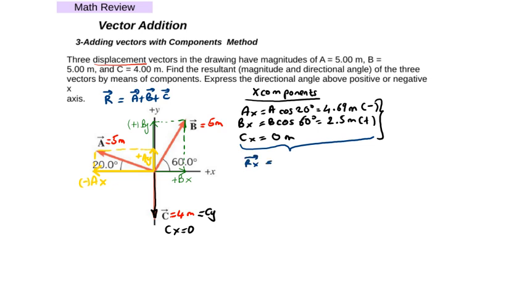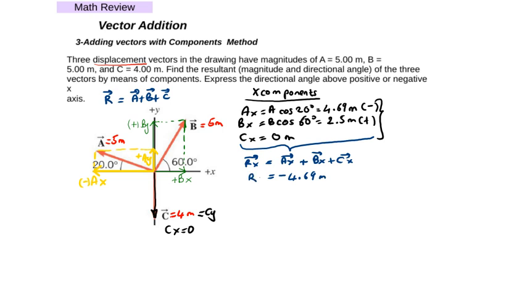It will not fit in there. I'm going to erase this here. So I'll say Rx, vector addition, I don't know its direction yet, but the answer will give it to me, is equal to Ax as a vector, so direction matters, plus or minus, Bx plus Cx.